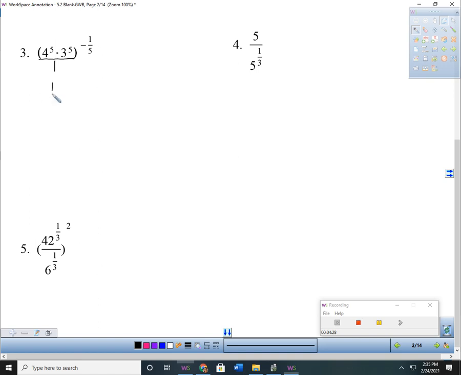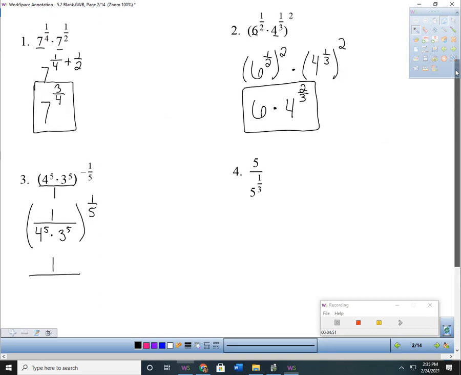So that would give me 1 over 4 to the 5th times 3 to the 5th, all raised to the positive 1/5 power. Now, if I take 1 and I raise that to the 1/5 power, I just get 1. And then this is exactly what we had up here, right?